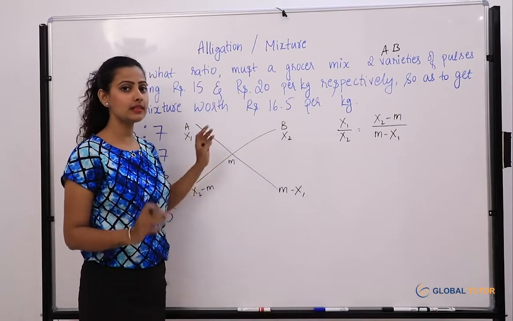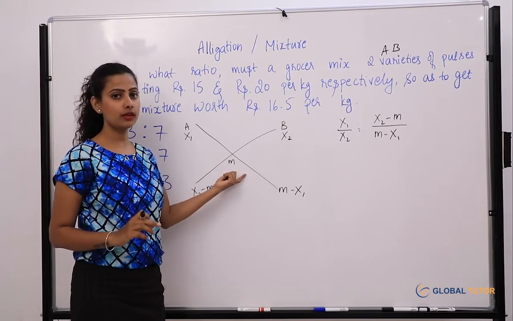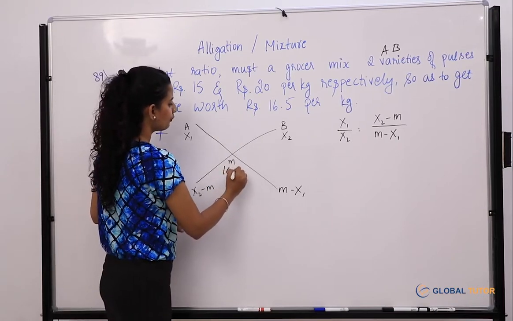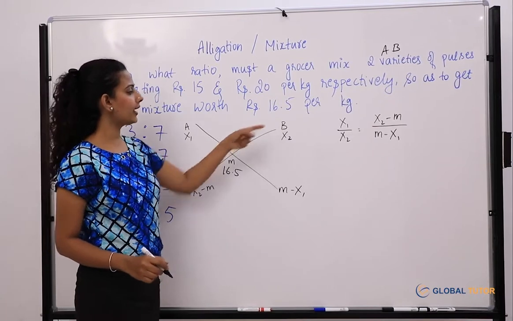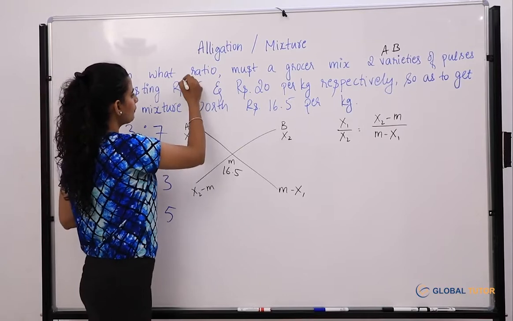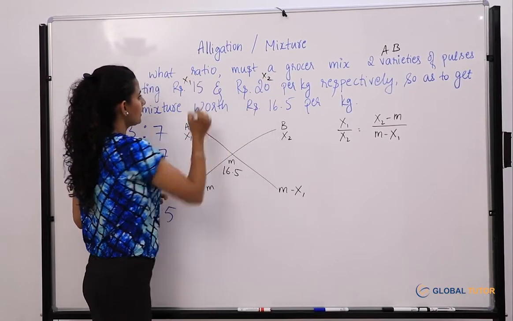When they are mixed in certain ratio, we get an average, let's call it as M, and that is 16.5 per kg. And what is the amount for A and B substance? We can call this rupees 15 as X1 and rupees 20 as X2.